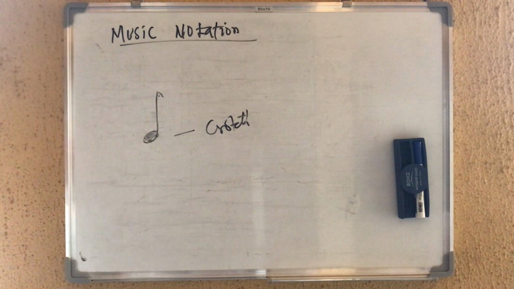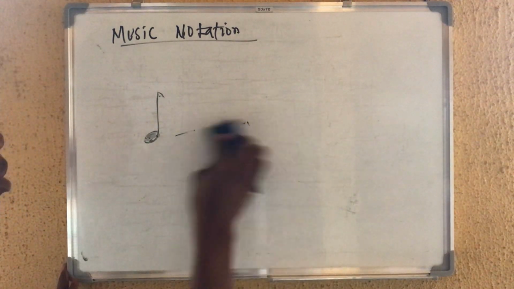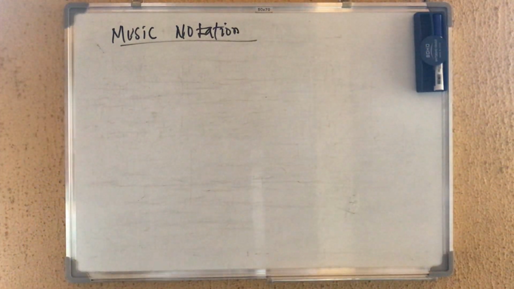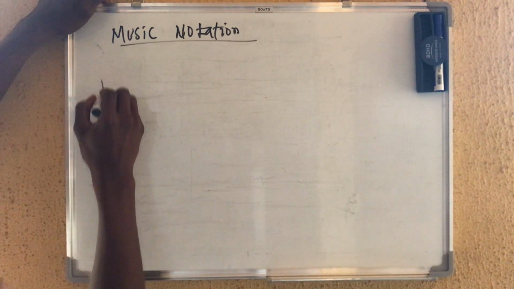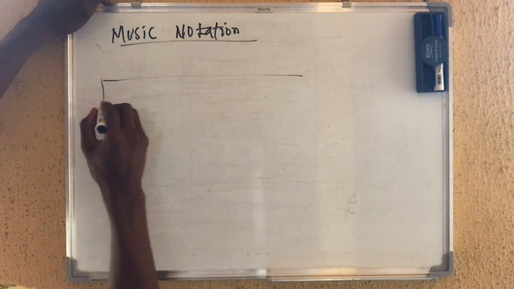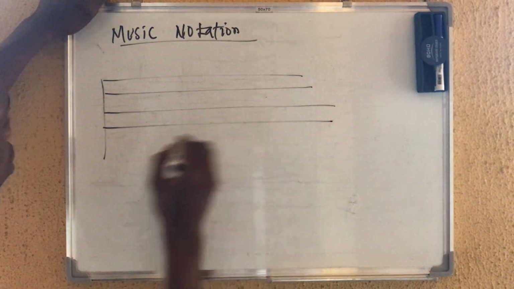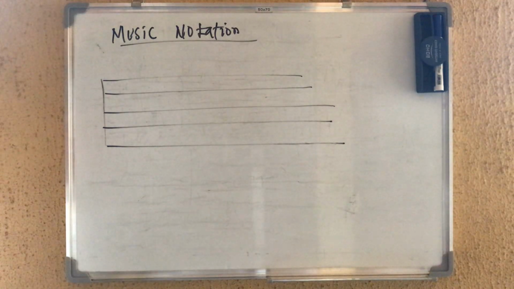So these are the things you just have to note down before you start playing staff or making use of them in your staff notation. Okay, I believe you understood what I said. So let's draw our staff. Let's draw our staff.